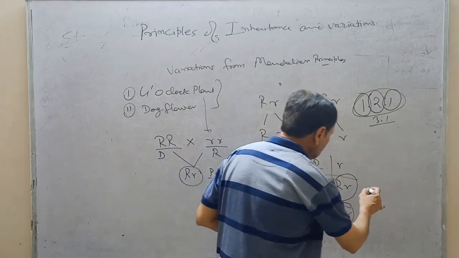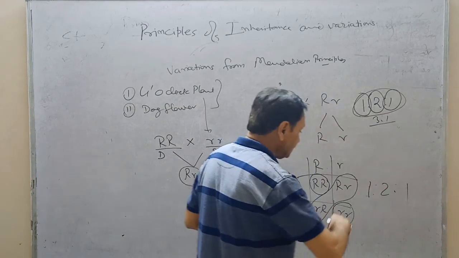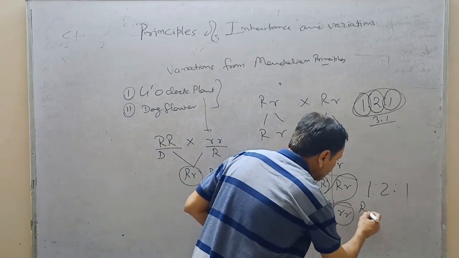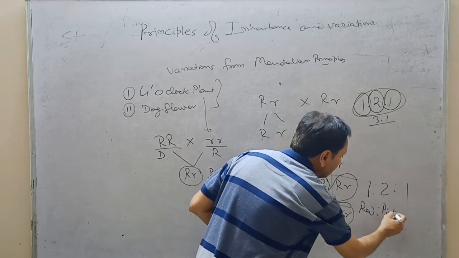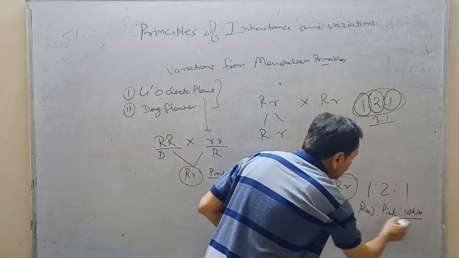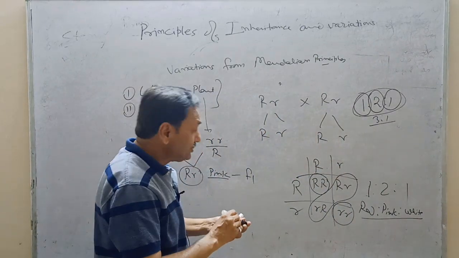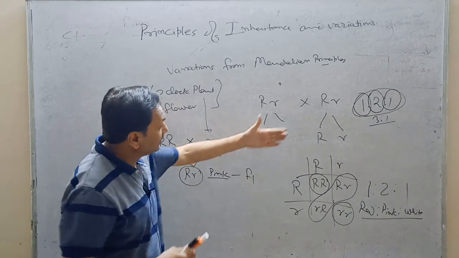It means their ratio is 1:2:1, but the 1 is the red, 2 is the pink, and 1 is the white. It means the genotypic ratio is similar to the phenotypic ratio, and this is not following Mendel's principle.